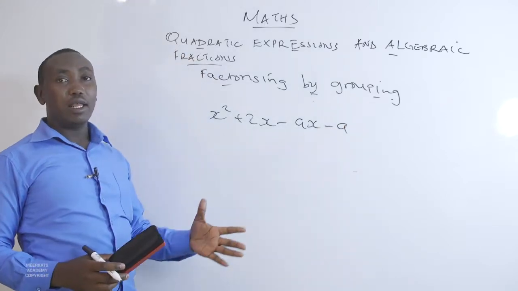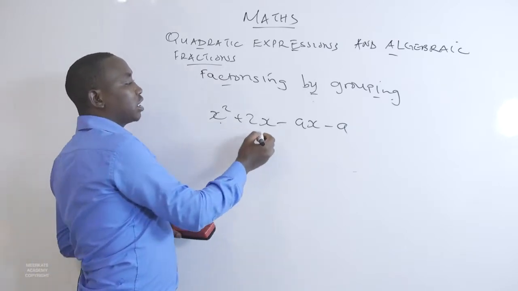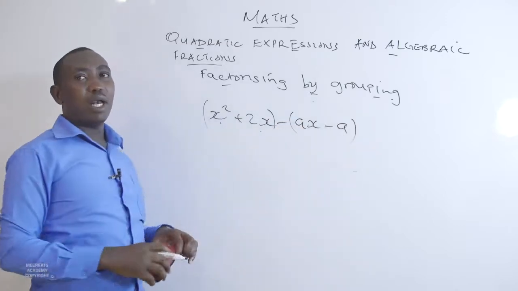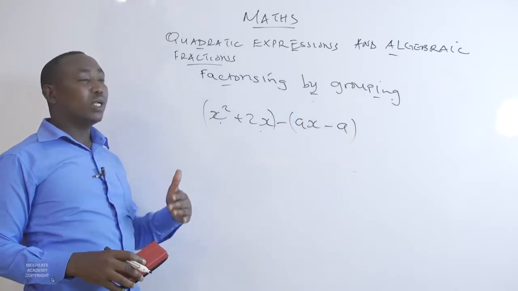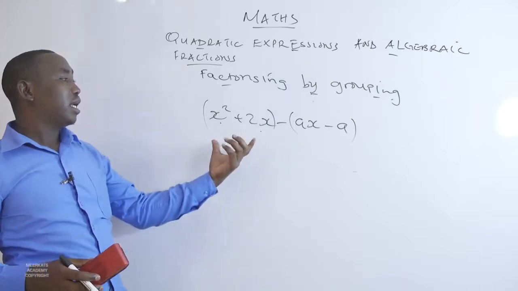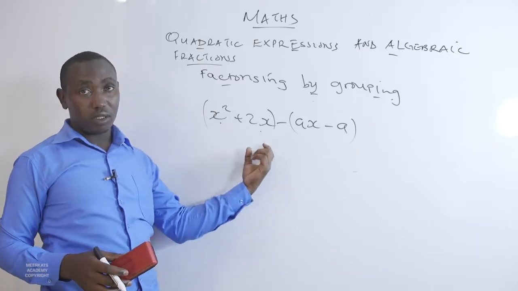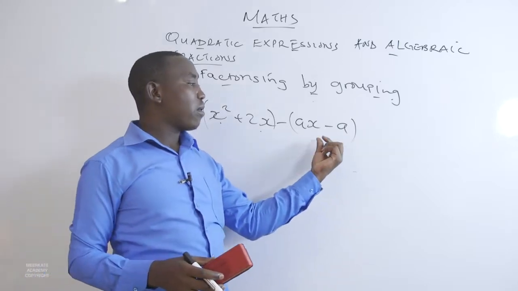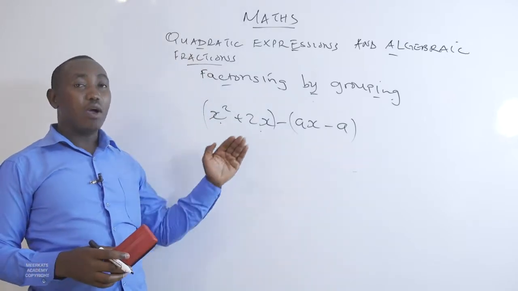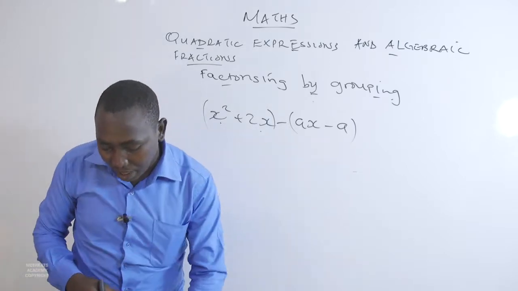As you can see, this particular expression, we can group into two pairs depending on the like terms contained in each of the two expressions. Like in this case, the reason why we are pairing this is because we have got x being common. The reason why we are pairing this together is because we have got a, which is common. Then you move ahead and do the factorization of each one of them independently.